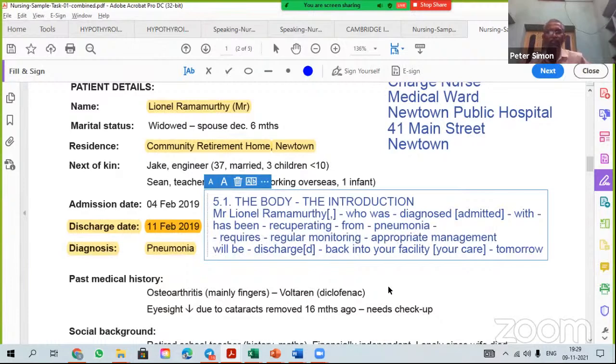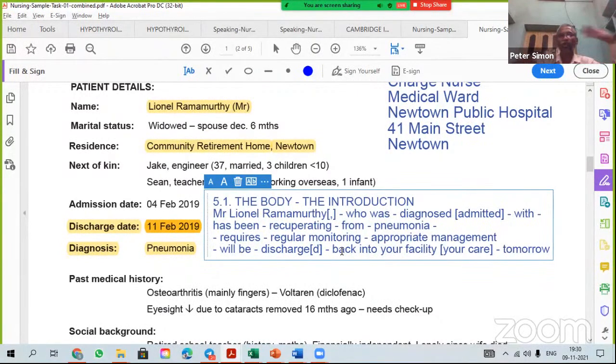These are the points that will go into here. So Mr. Lionel Ramamurthy, who was diagnosed with pneumonia or who has been recuperating from pneumonia or who was admitted with pneumonia, requires regular monitoring and appropriate management following his discharge back into your facility tomorrow.